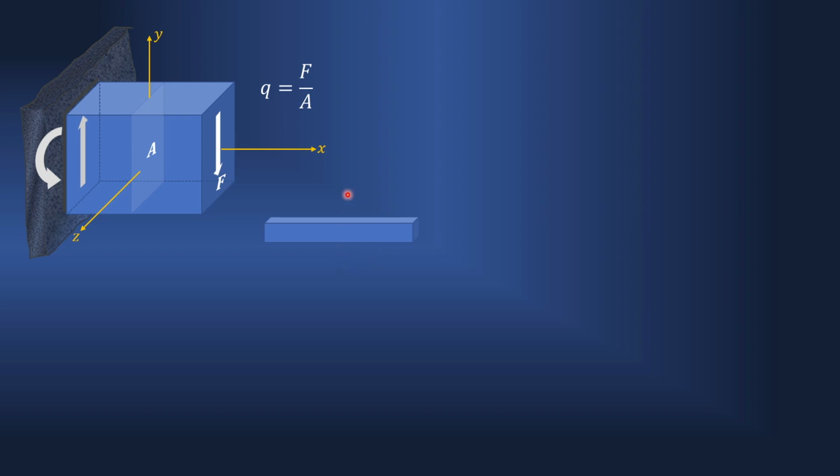Here I have shown a bar of square cross section and it is acted upon by axial force P. Consider a cross section here. For this cross section, this force P is a pull type of force. It is perpendicular to the cross section. It is a normal force. It is a tension. So tension is positive and compression is negative.